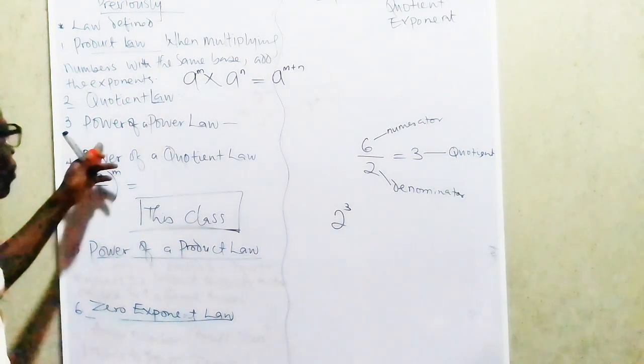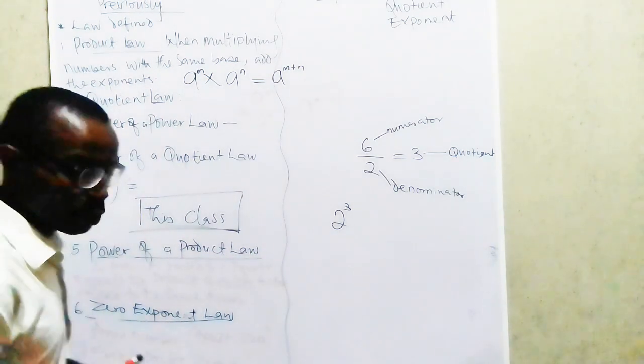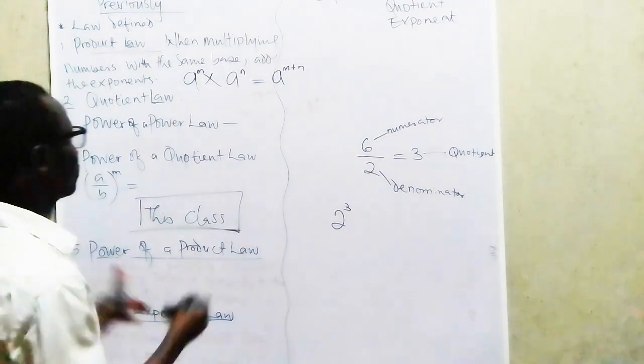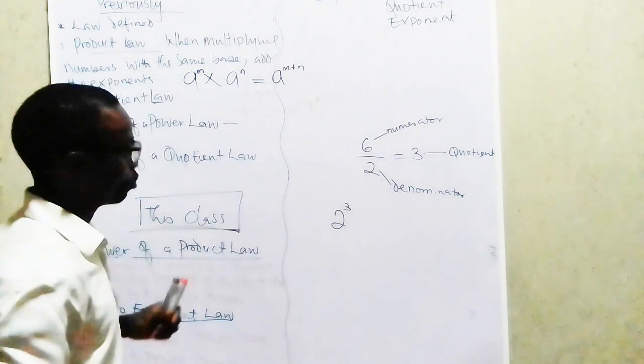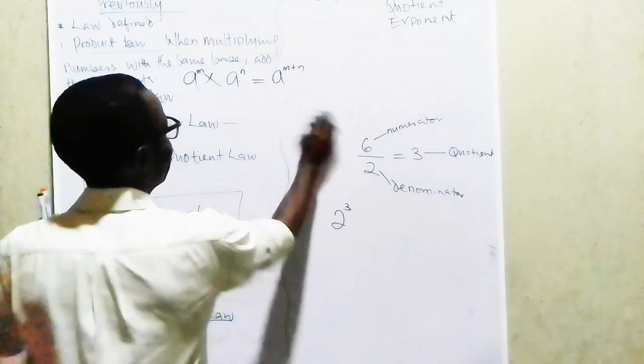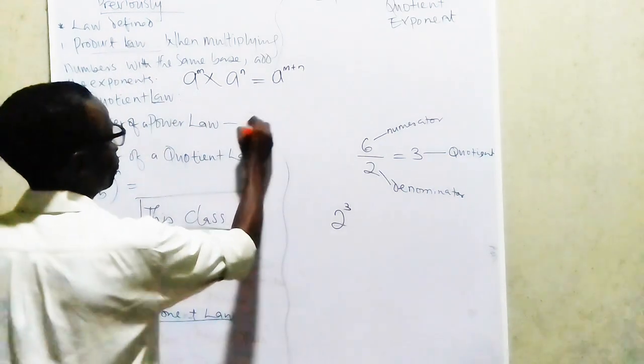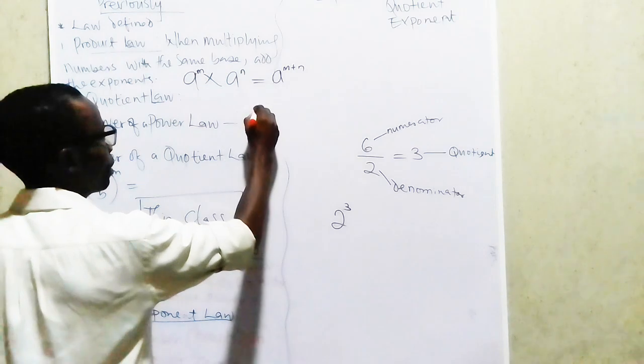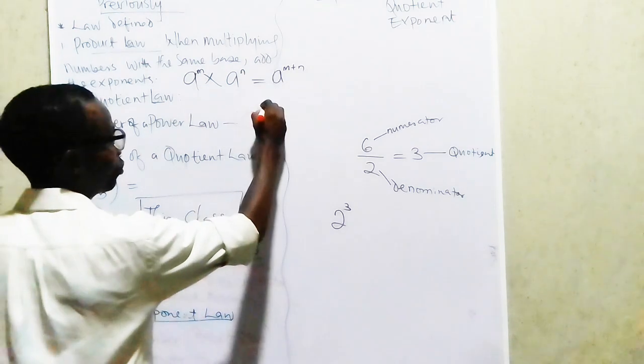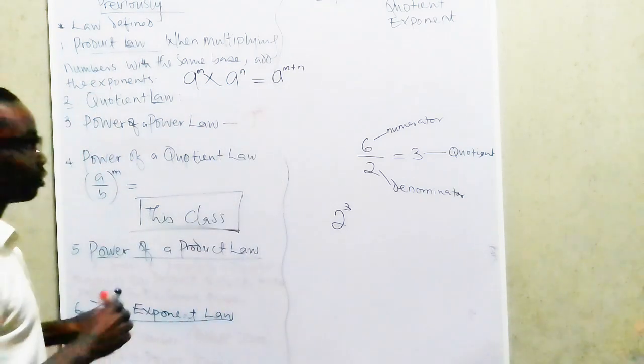Now, the power of a power law. We're just doing a recap of what we did last week. The power of a power law, you have A raised to power M, also raised to power N. What does it mean?